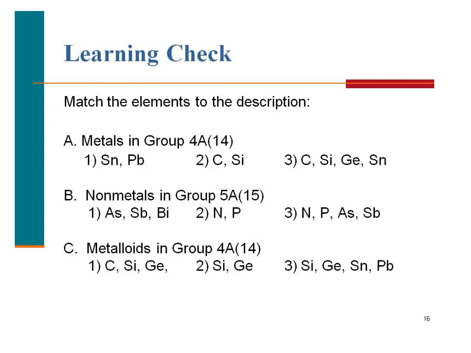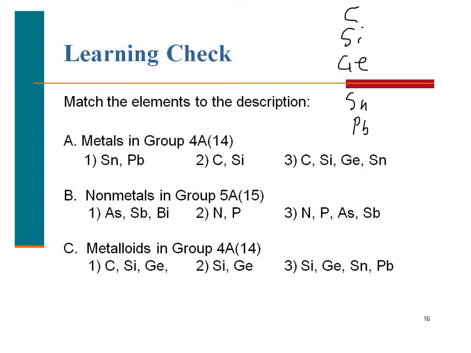Match the elements to their description. Metals in group 4A. Get your periodic table out, locate 4A, and remember, they're only wanting metals. Reading 4A from top to bottom, you see carbon, silicon, germanium, tin, lead, and the next element is going to depend on your periodic table.